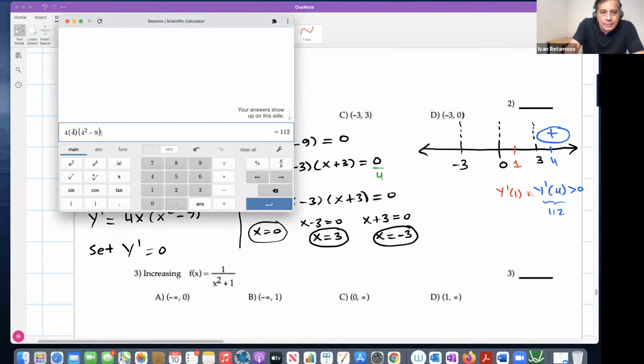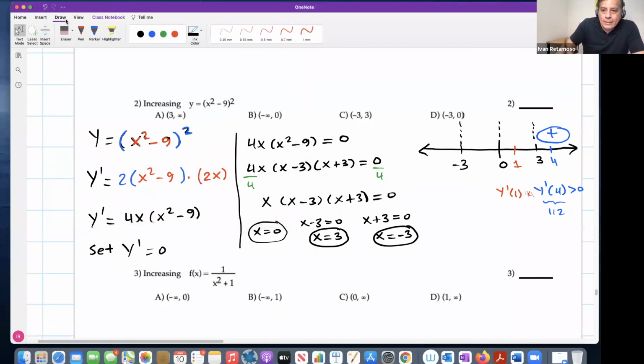Just substitute 1 instead of x, and you can even get the exact value, right? But again, it's just a matter of getting the sign. Negative 32, negative, right? Negative, less than 0. All right, great.